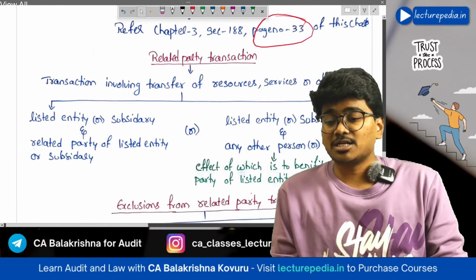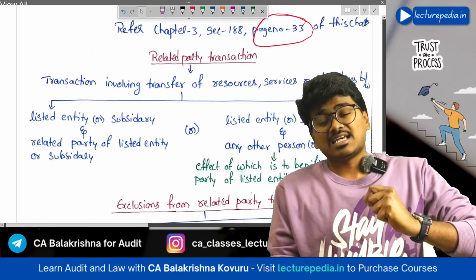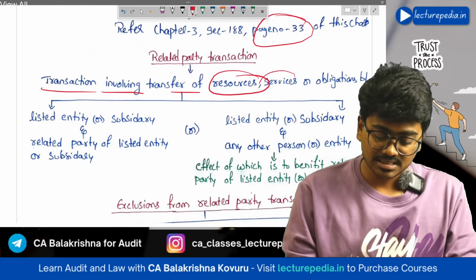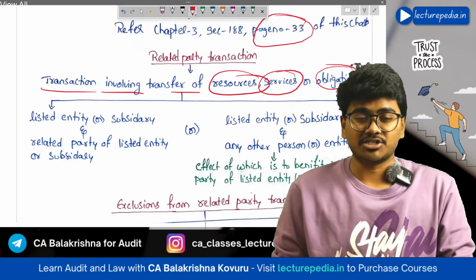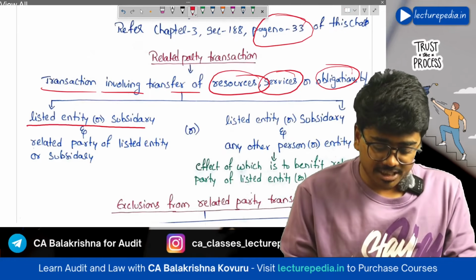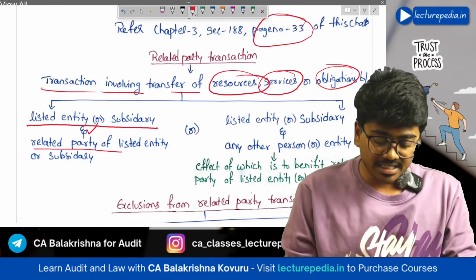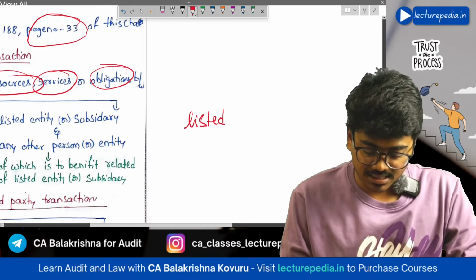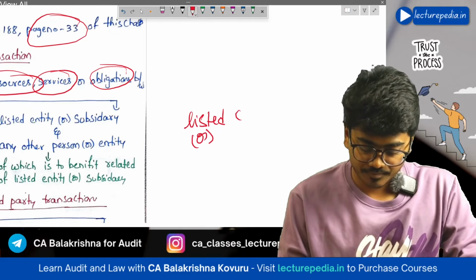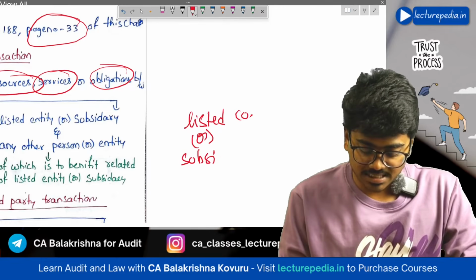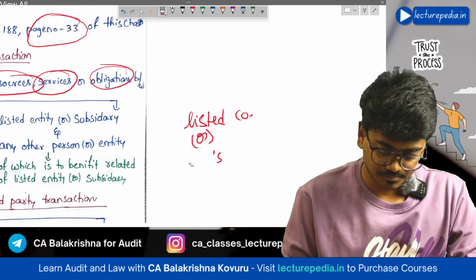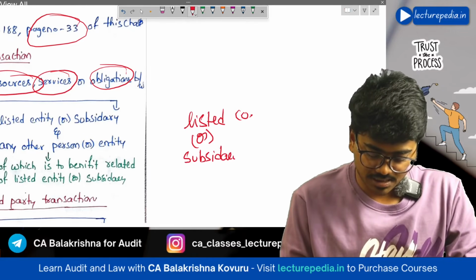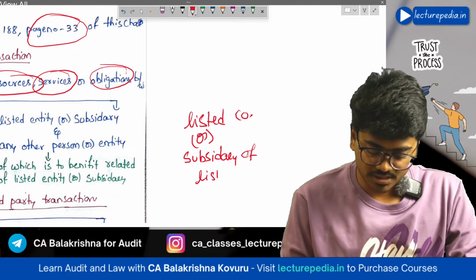Next, what is meant by related party transaction? A transaction involving transfer of resources, services or obligations between the listed entity or a subsidiary entity and a related party of the listed entity. There will be a listed company or a subsidiary of the listed company.